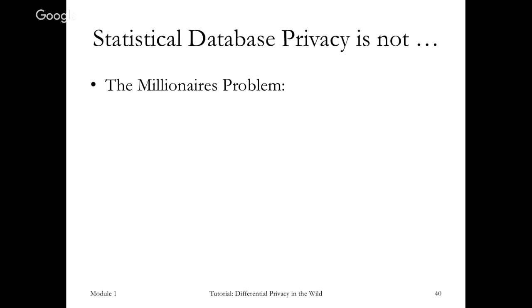The statistical database problem is also not the millionaires problem. How many of you have heard of the millionaires problem? The millionaires problem is basically you have a bunch of millionaires sitting around. They want to find out who has the most money, but they don't want to tell each other how much money they make.